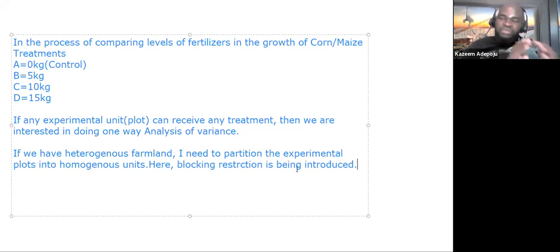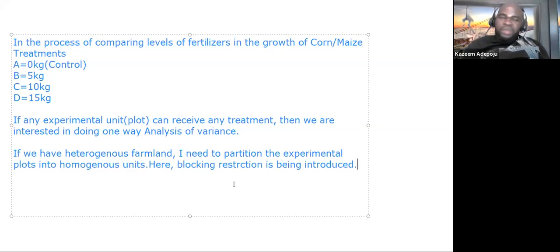And if a blocking restriction is being introduced, of course, your model is going to change from one way or another. What you're going to have right here is what we call the randomized complete block design, because you're going to be testing for the effect of treatment, and not only that, you are also going to be testing for the effect of blocks.